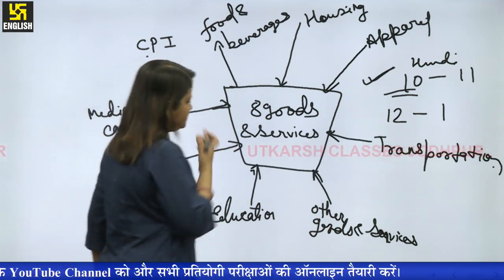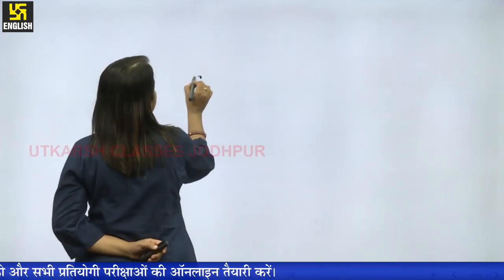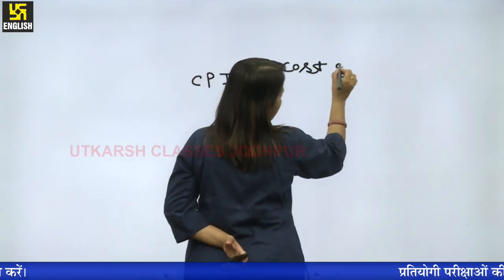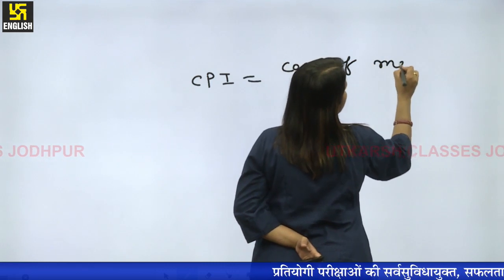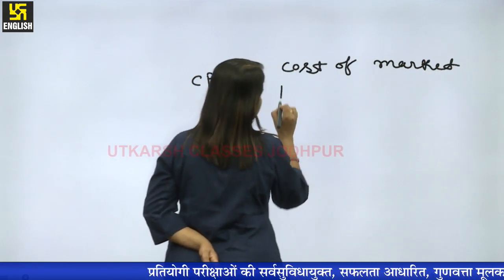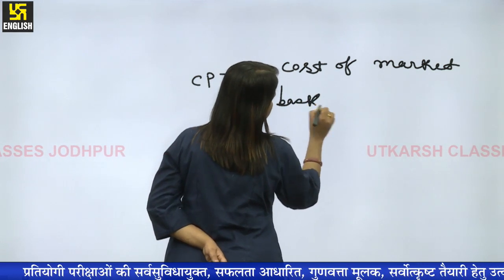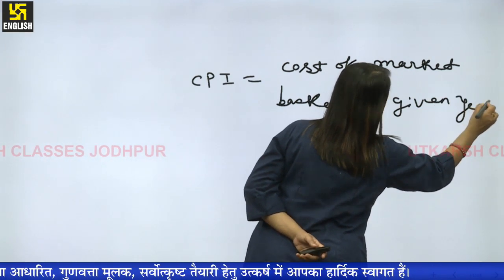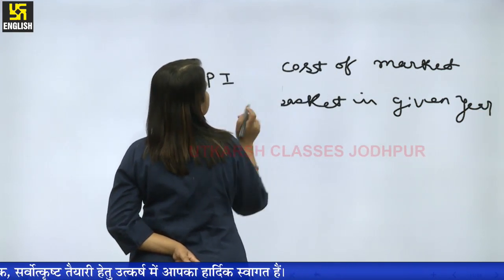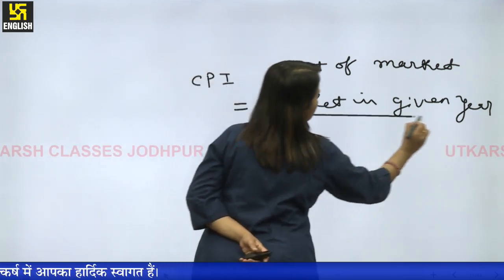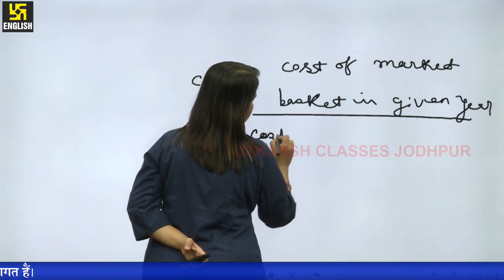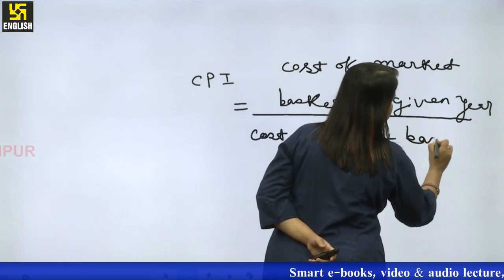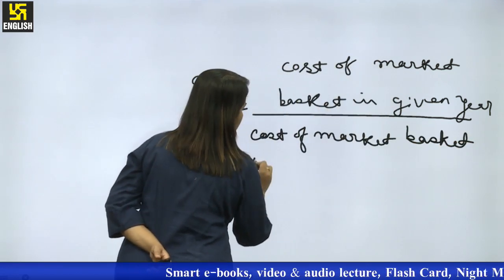Okay. Now, the measurement formula of consumer price index is equal to the cost of the market basket in a given year, divided by the cost of the market basket in a base year.